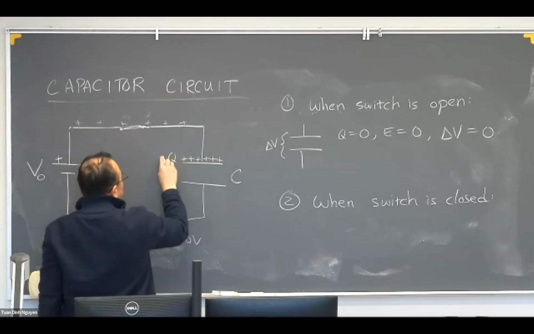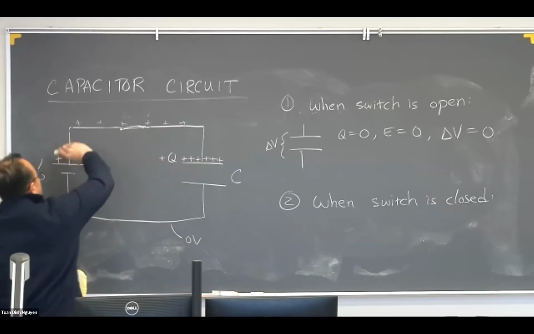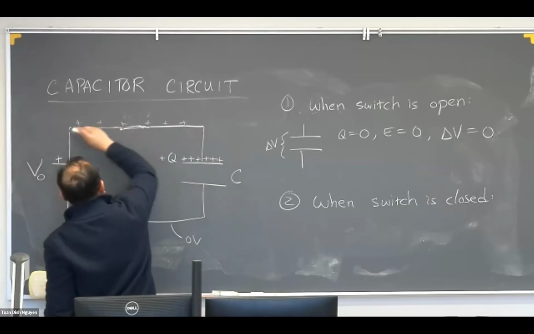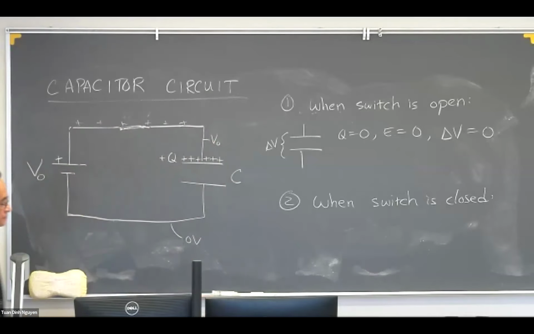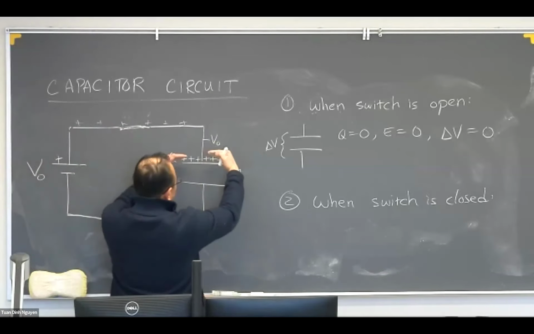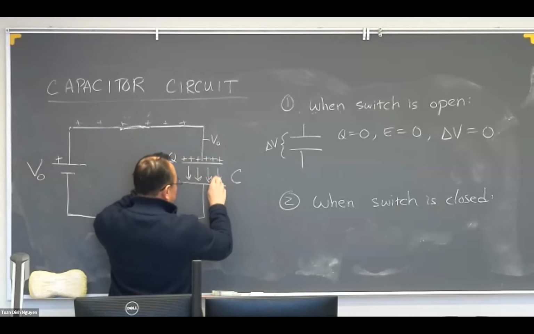So this becomes plus Q, and this entire line here is going to be at V0 potential. You now have plus charges here. They're going to produce an electric field that points down, right? Because it goes from plus to minus.